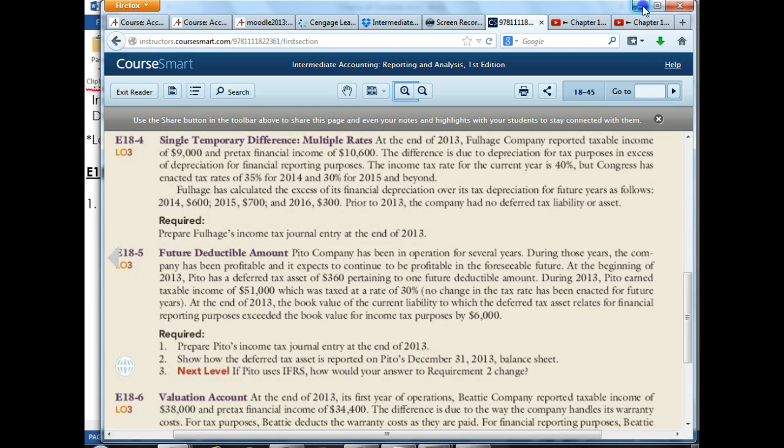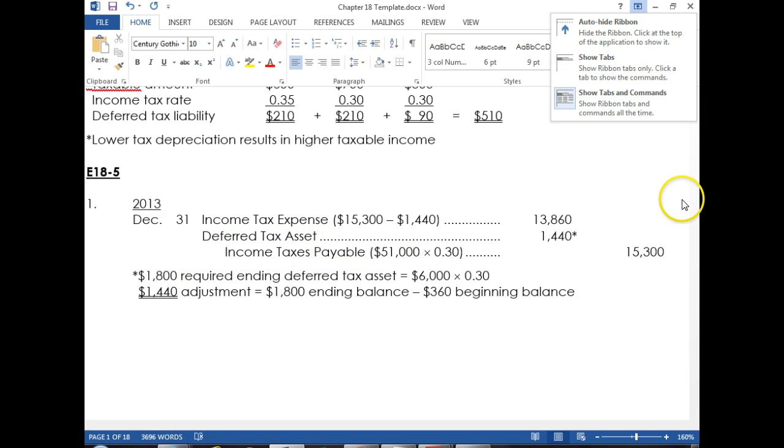So as we look here, we had a difference of $6,000, right? The book value was a difference of $6,000. So we've got a deferred tax asset. We started the period with a $360 beginning balance, didn't we?